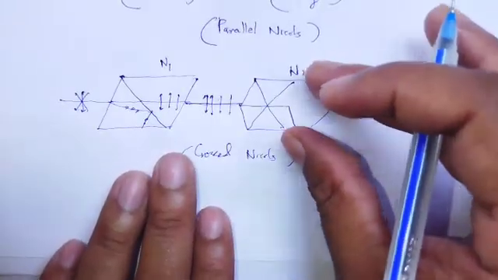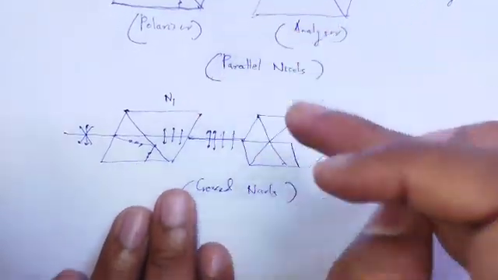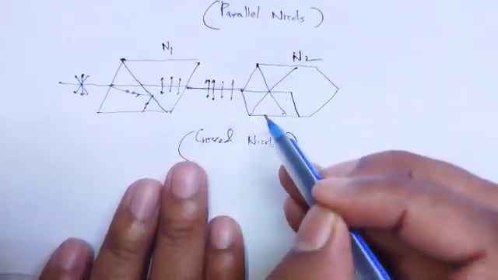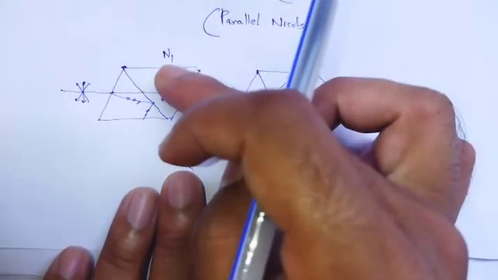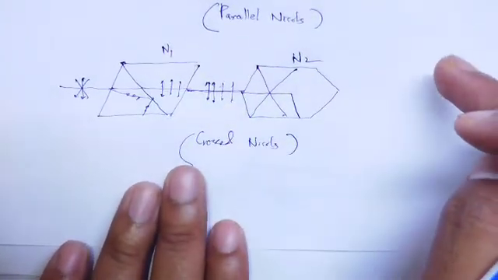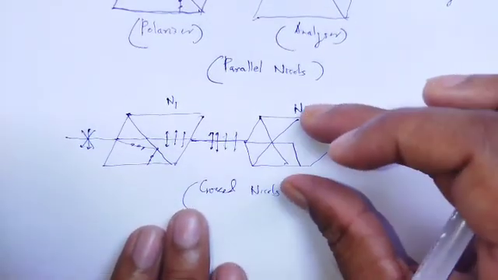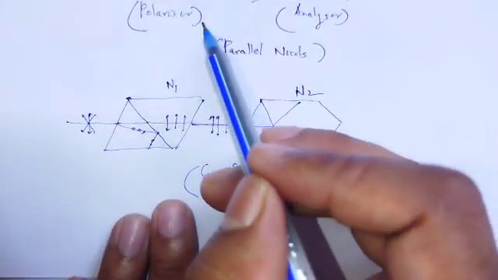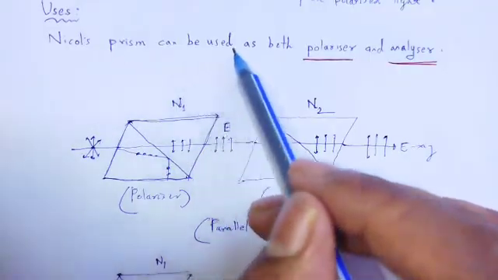So the intensity of the polarized light is now decreased and it is absorbed by the Nicol prism, since it is crossed to the Nicol prism N1. So here it is clear that the Nicol prism is used as an analyzer as well as a polarizer. These are the uses of the Nicol prism.